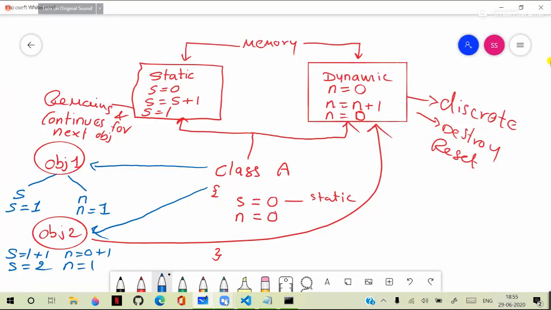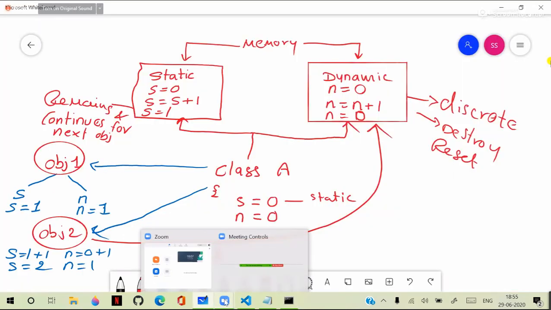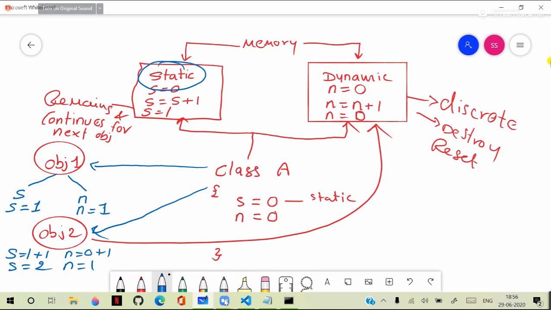I hope everyone saw that. The static value means this memory is continuing for other objects. And this is not a continuous memory. It is allocated again for another object. For every object, the memory is allocated newly, and every time the n value is 0. But static memory is continuing.